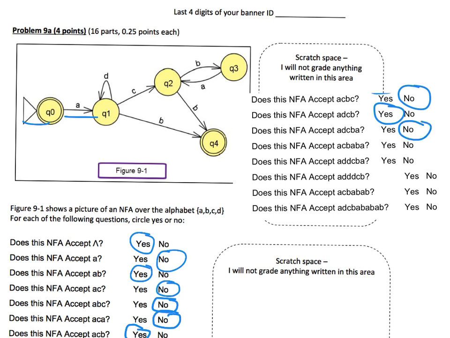Okay, ACB, ABA. If I start to look at this, it looks like anything that doesn't end in a B, other than lambda, is a loser, right? It has to end in a B. So let's look at what we got. We can get rid of anything that ends in an A. The last few go through D. So A, D, C, B. We can do A, D, D, D, C, B. Yep, that's okay.